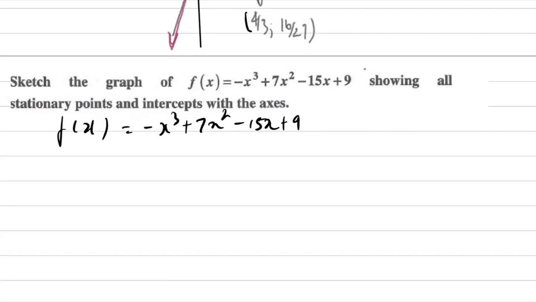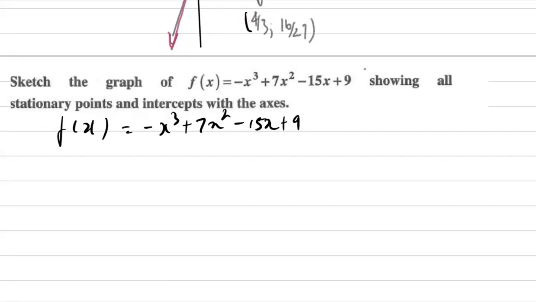3, 5, 3. It's the same digits all over again. I mean, it's pretty much the same, I would say.